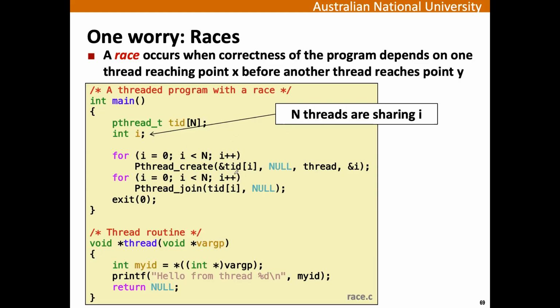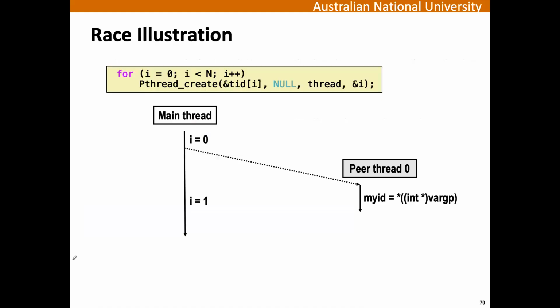There is i++ going on here. If this thread is preempted and scheduled out by the kernel, but the main thread keeps running, then when this thread starts running again, it will see a different ID. So there's a race.